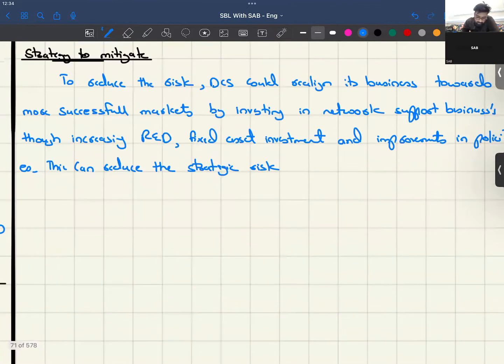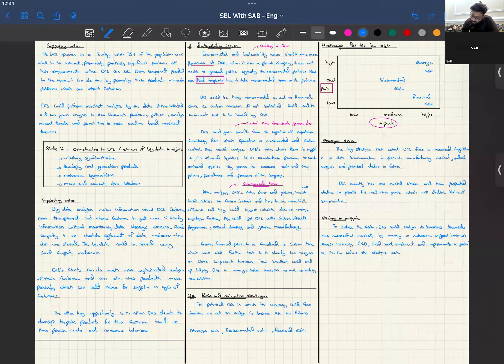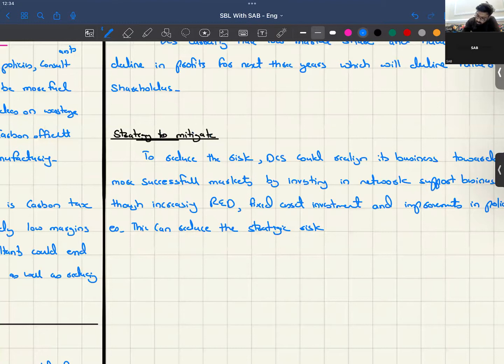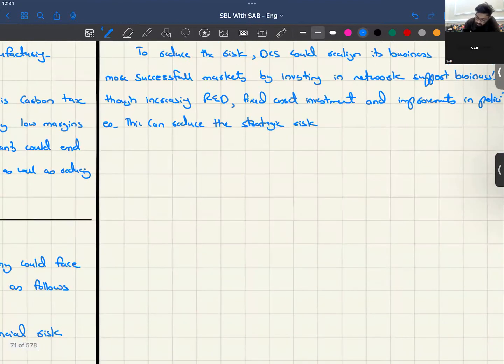So one risk has been explained. We identified three risks and we explained three risks, right? Now I'll say financial risk. What's the financial risk here? Just think of it, right?